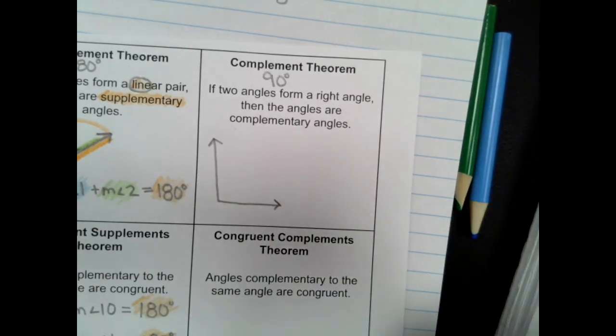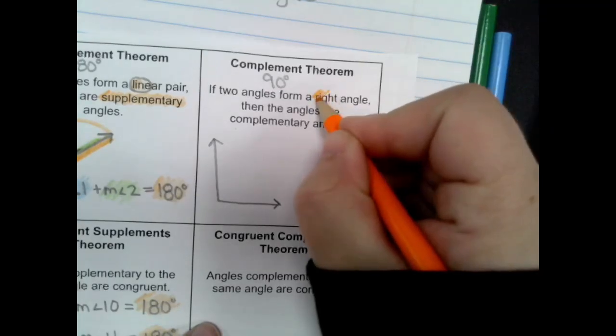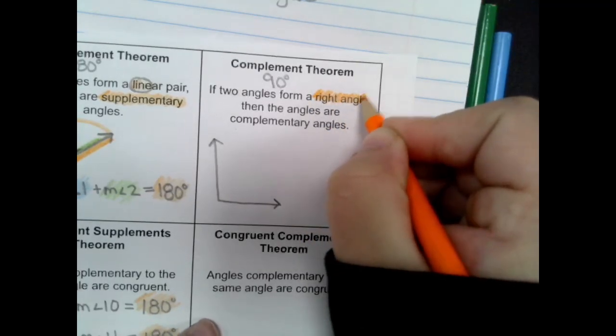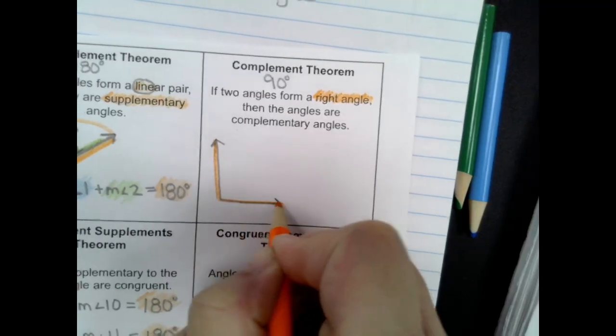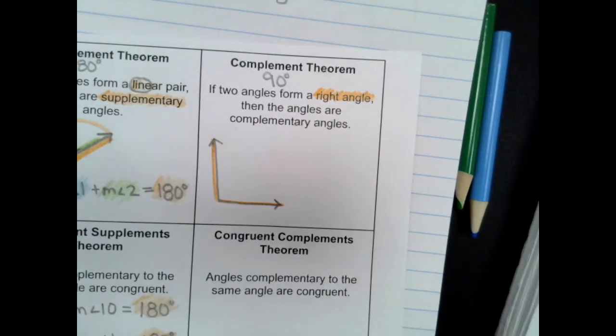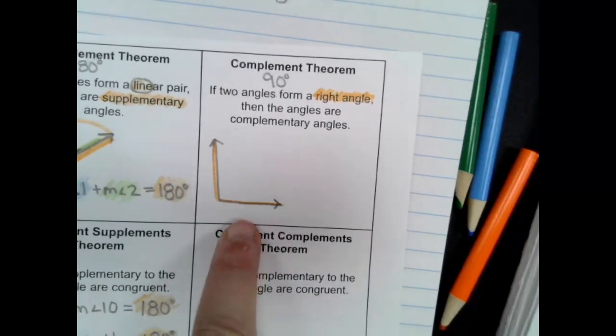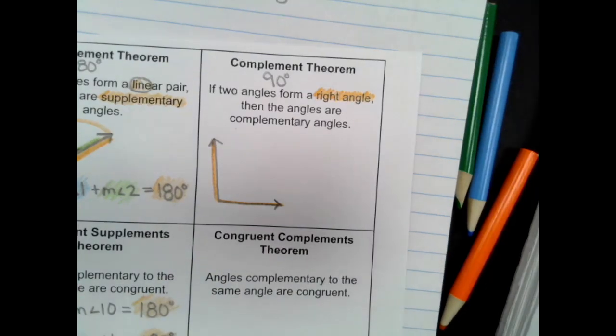Okay, so I have a right angle to start with. How do I show to my reader that that is a 90-degree angle? Because I know for a fact that's not exactly 90. Good, that little square in the corner.